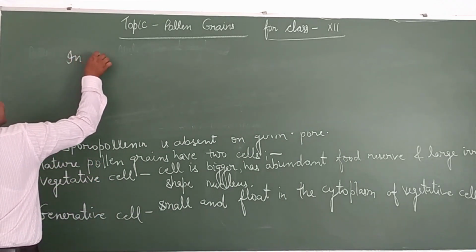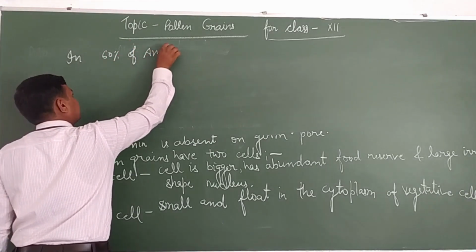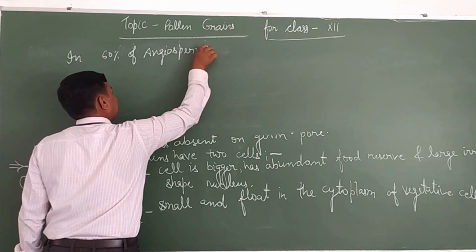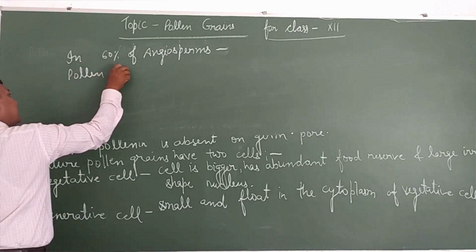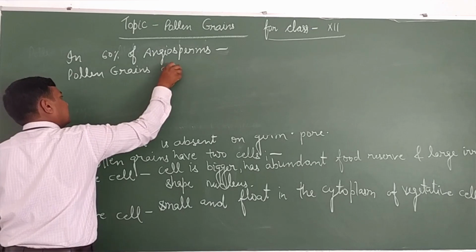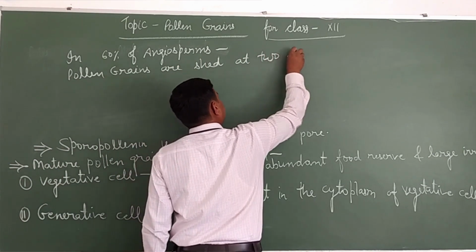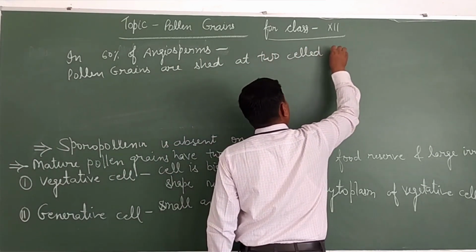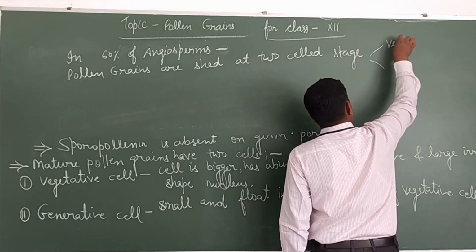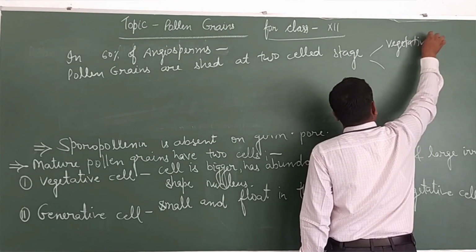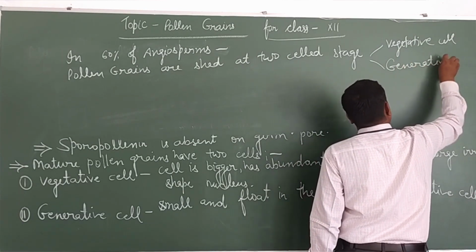So in 60% of angiosperms, pollen grains are set at the two-cell stage. Two-cell stage means one vegetative cell and one generative cell.